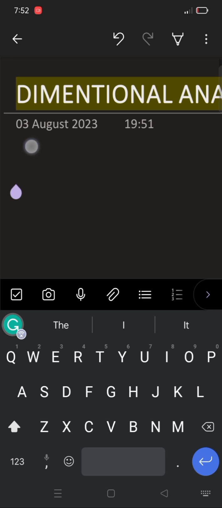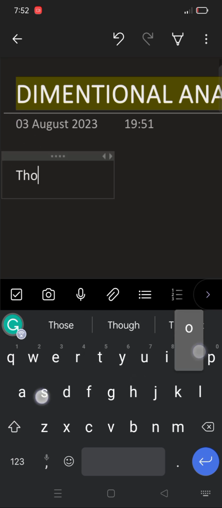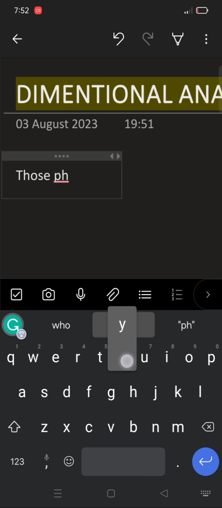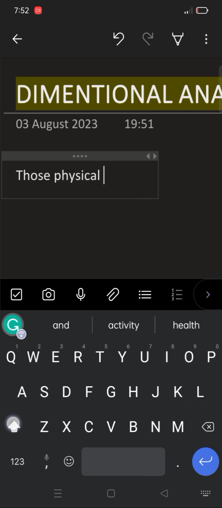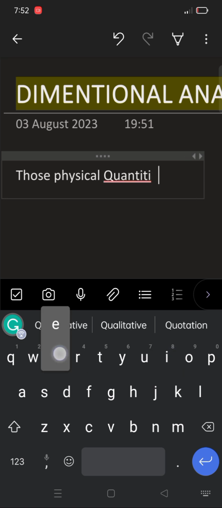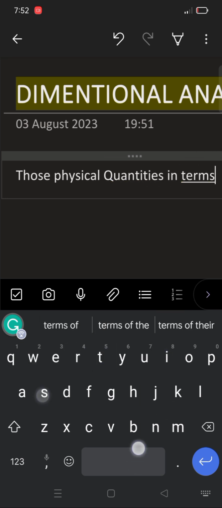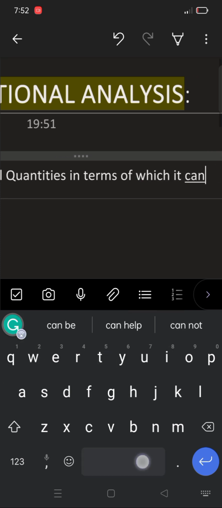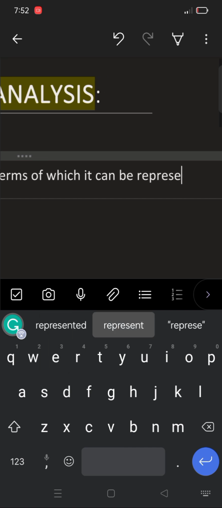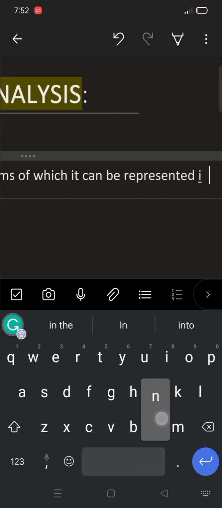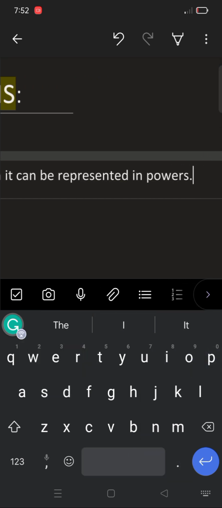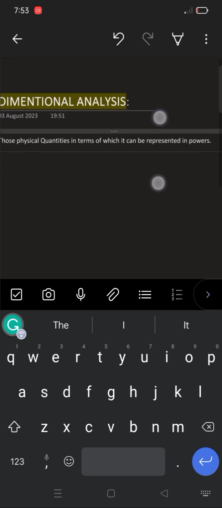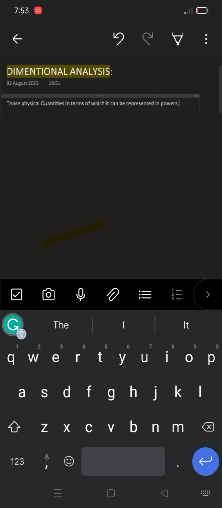Let me write this definition here: those physical quantities in terms of which it can be represented in powers. Alright, these are nothing but those physical quantities in terms of which it can be represented in power.